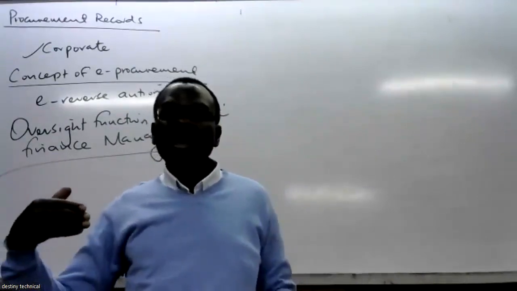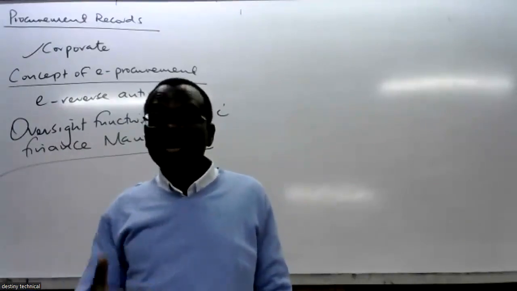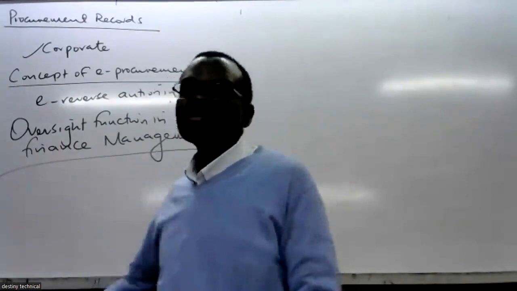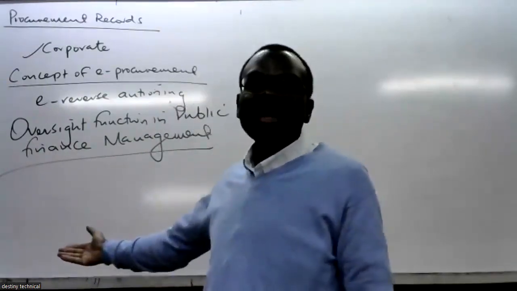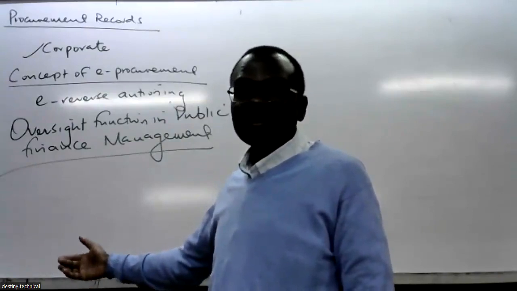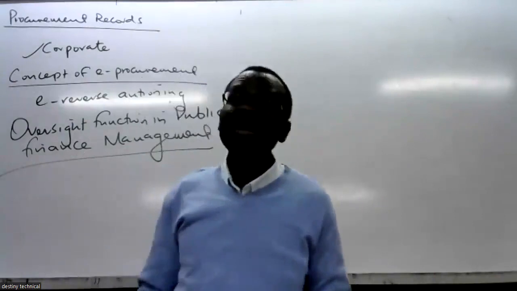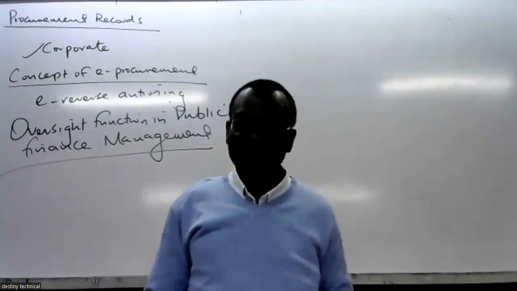Now, the budget committee will scrutinize this document, of course, with assistance from Parliamentary Budget Office. We shall be talking about Parliamentary Budget Office. They are meant to even make amendments, make suggestions to the executive.